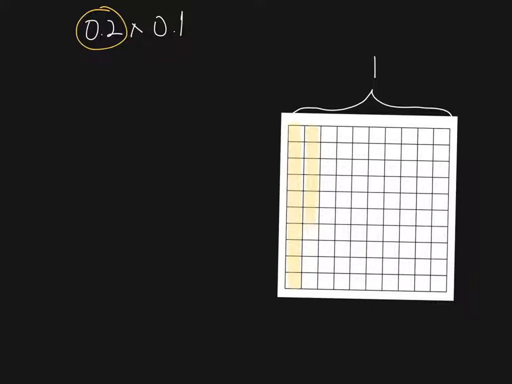So 2 out of the 10 columns are highlighted in yellow now. And I want to know what 1/10 of that is. Well, 1/10 is going to be one of the horizontal rows, and where they overlap will be these bottom two right here. Of course, this whole bottom row is 1/10 of the whole. And where they overlap, I have 2 highlighted squares out of the 100. So that means that I have 2 hundredths total.